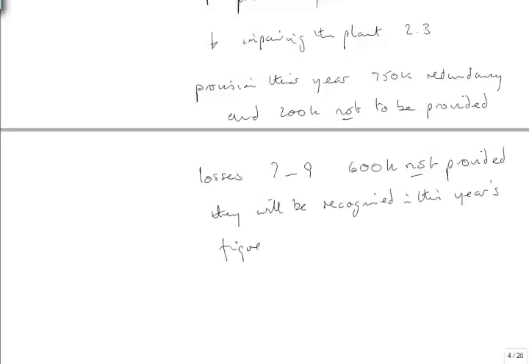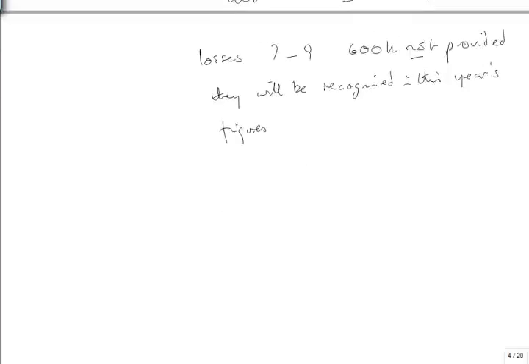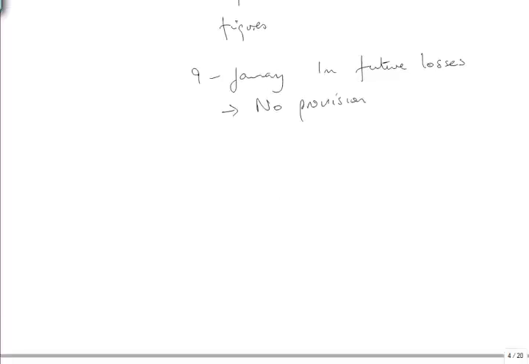But we do have potential losses next year, a further million. So September through to January, there's another 1 million future losses, no provision. These will simply be reflected within next year's figures.